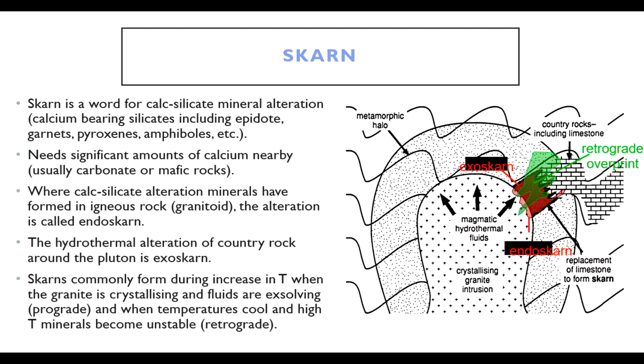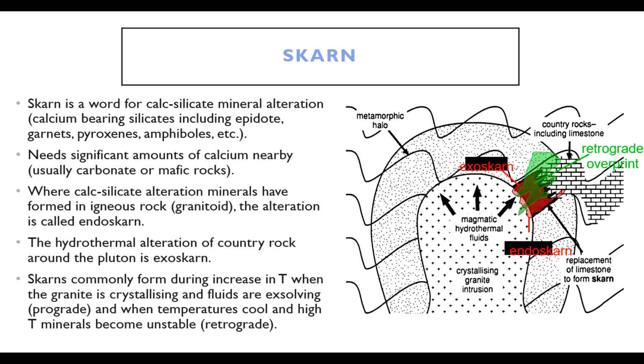So calcite or dolomite associations. That's usually what we talk about with calc-silicates. And so we can get quite complicated and pretty assemblages involving garnet, pyroxene, amphiboles, epidote. They're all minerals that can take on large proportions of calcium.